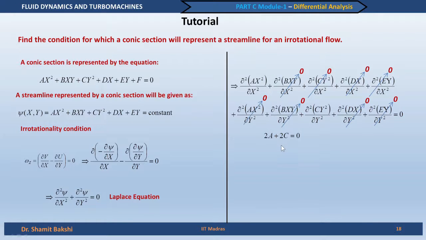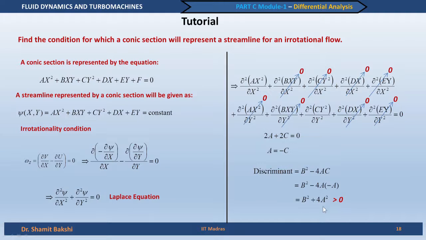Now, let us see when this condition will be satisfied. That means a is equal to minus c, simple. Then if we find the discriminant of this conic section, it is b square minus 4ac. If we plug in this criterion, which is always true if the flow is an irrotational flow, we get b square minus 4a into minus a, which is b square plus 4a square.